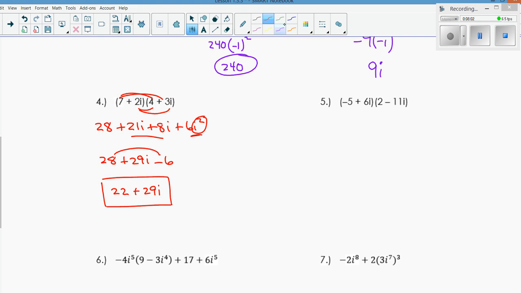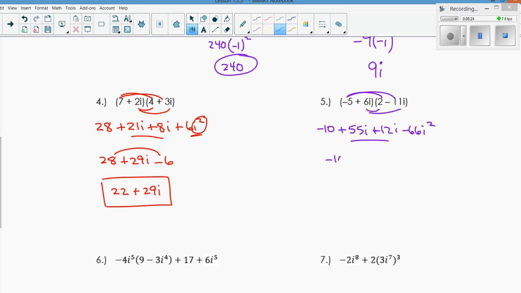Okay, let's try it again. Let's multiply here. We get negative 10. Multiply here. We get positive 55i. Middle terms, we get 12i. And then the last terms, we get negative 66. Don't forget your i squared. Again, I can combine my middle terms.